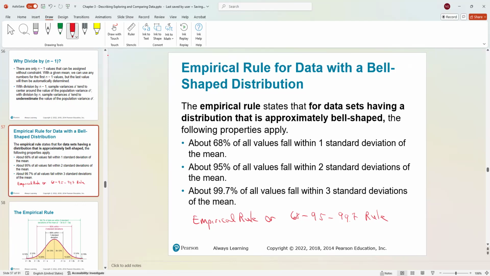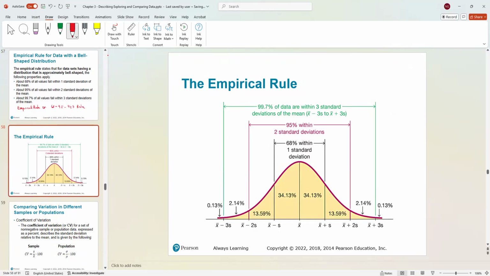About 68% of all values fall within one standard deviation, 95% fall within two standard deviations, and 99.7% fall within three standard deviations. So that's something very important for you to see.